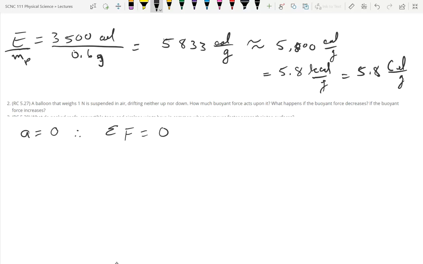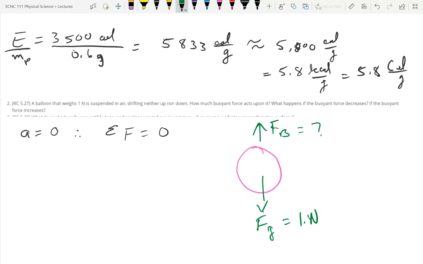And so that means that if I look at my balloon, it's going to have the force of gravity downward, 1 Newton, and the buoyant force upward. But if those add to 0, how big is the buoyant force going to have to be? Not 0.